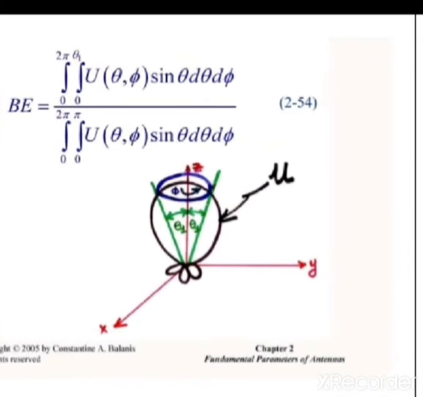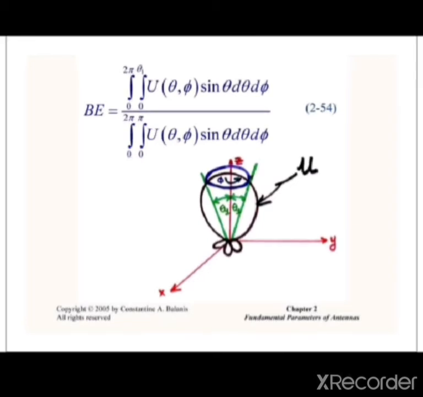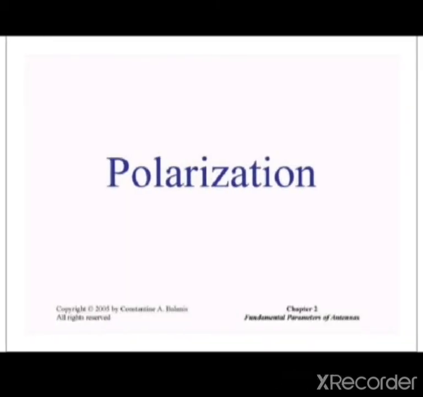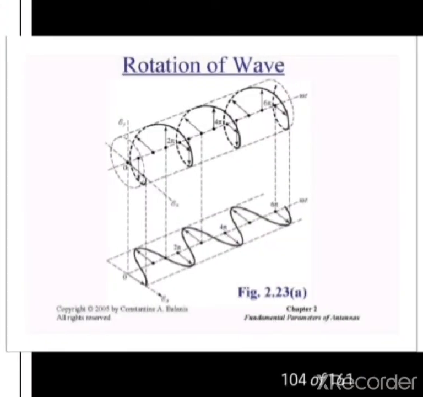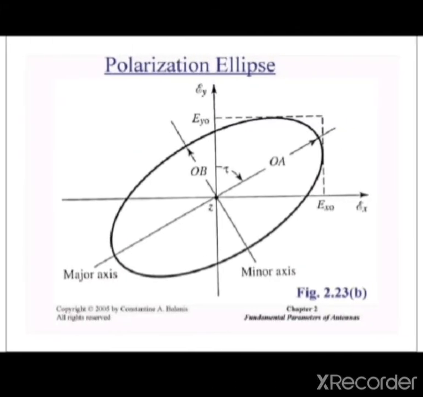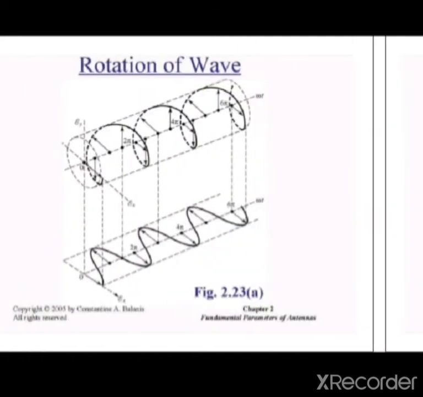So here we used to take polarization. What is polarization? Generally, polarization is of three types: elliptical polarization, linear polarization, and circular polarization.